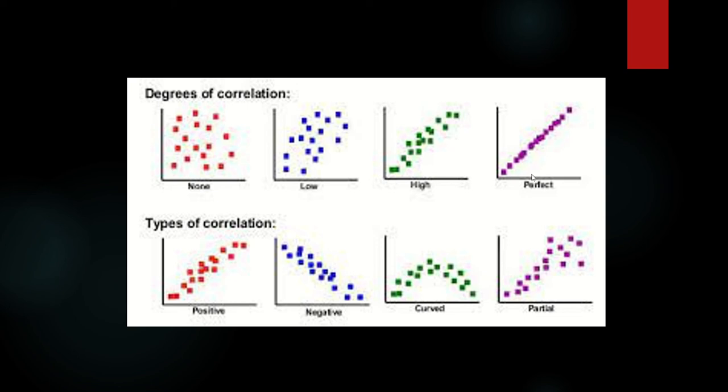And since these are very close to each other, we say it is a perfect correlation. These ones go up, so it's positive, and go down, so it's negative. This one is curved, and this one is partial. Why partial? There is a correlation until here, positive, and then it is lost. There is no correlation over here.